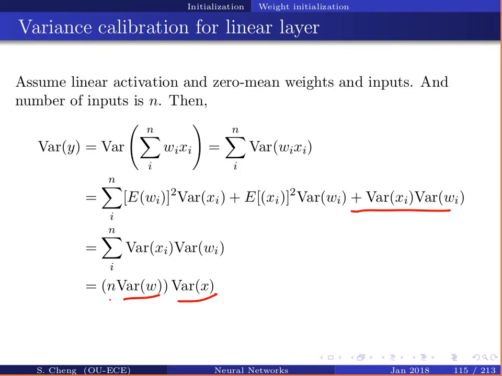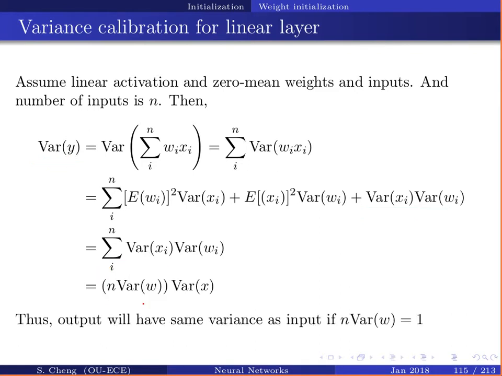Therefore I have n of them, so I have n multiplied by that. Now the variance of y is equal to this multiplied by this. If I want to make sure the output variance is the same as the input variance, I should set this to 1. So I should enforce that the variance of your weights should all equal 1 over n.